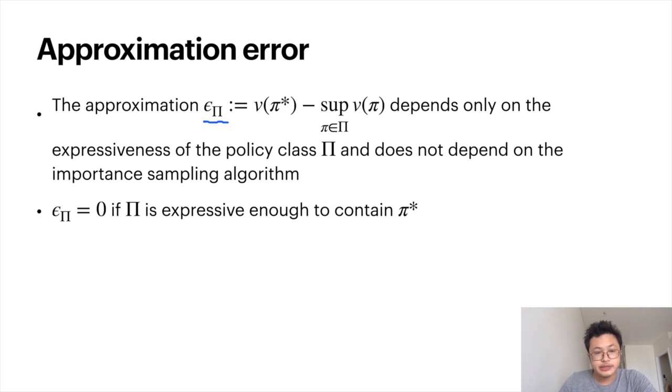In the case that our policy class capital Pi is expressive enough to contain the optimal policy pi star, the approximation error vanishes. But in general, it's some constant term, and there's not much we could do about it in this algorithm.